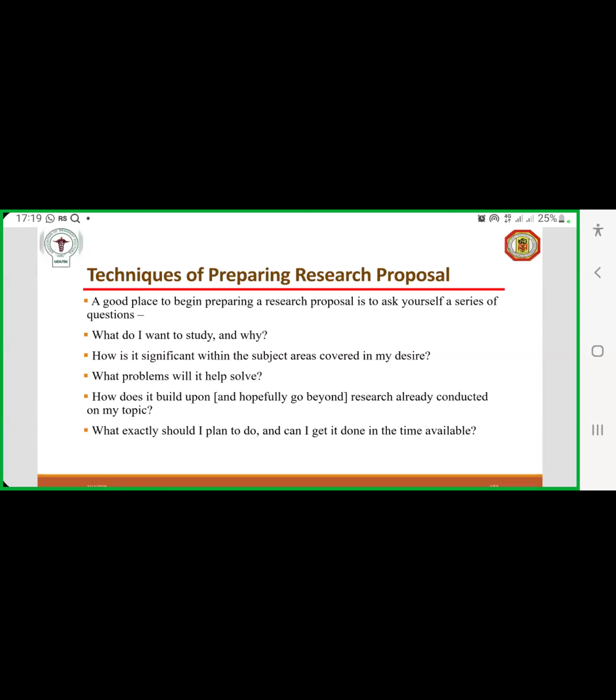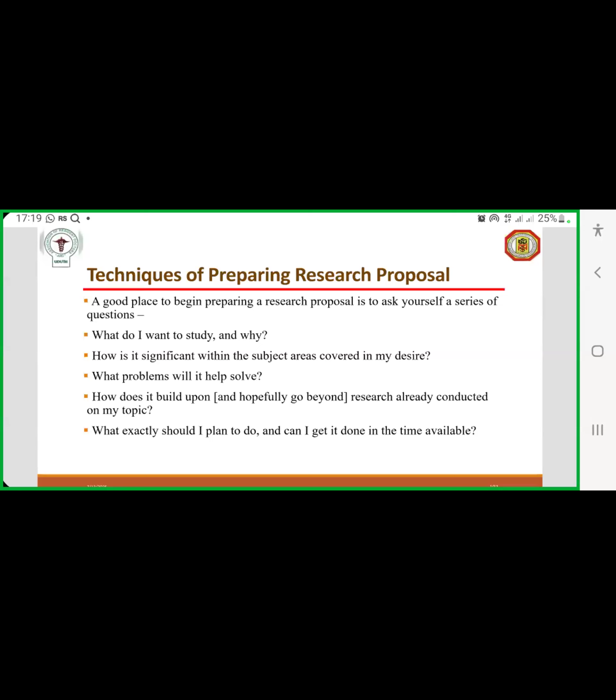Maybe you can do that by observation, by searching literature, by asking questions and doing other things, so that you ask yourself what you want to study. Because if you don't know what you want to study, nothing will come of it.